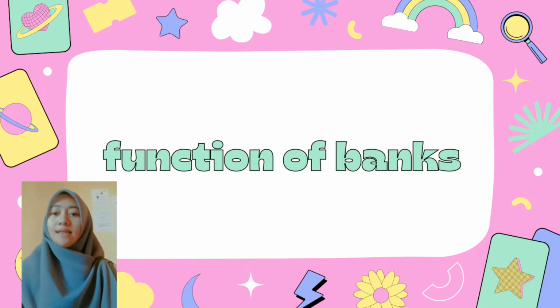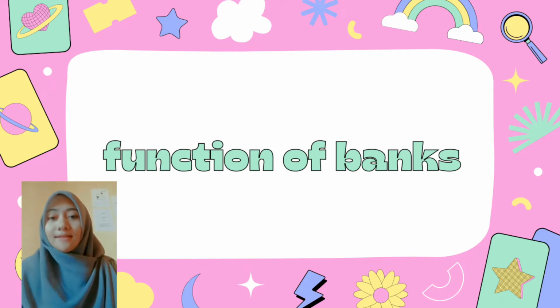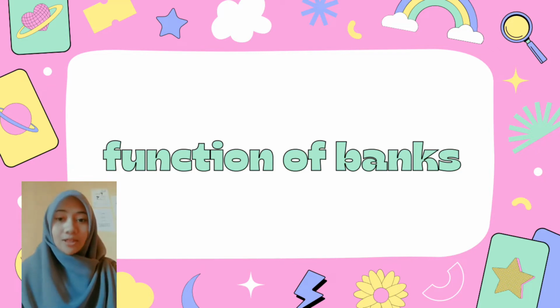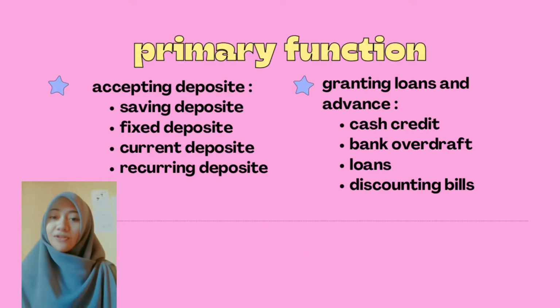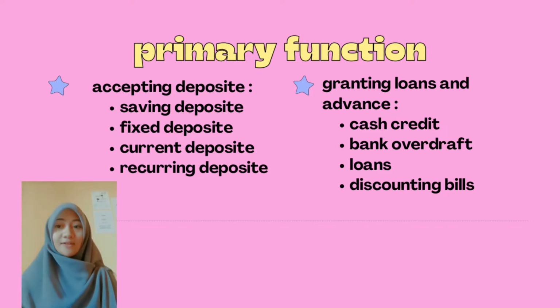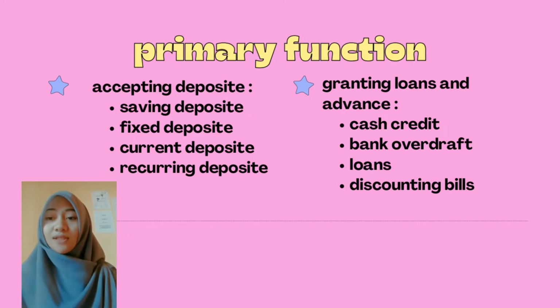Okay, now is function of banks. In the function of banks, there are two functions. The first one is primary function and the second one is secondary function. Primary function, the broad heads are accepting deposits and granting loans and advances. In accepting deposits, there are saving deposits, fixed deposits, current deposits, and recurring deposits.